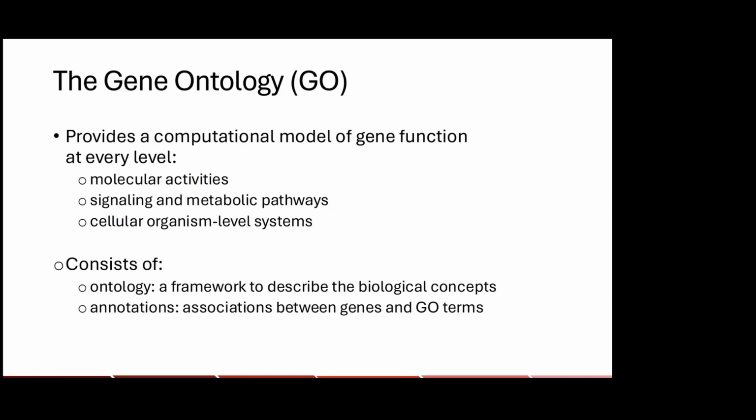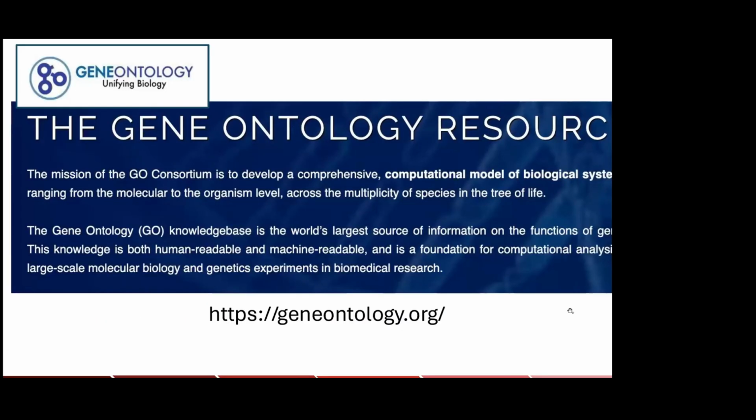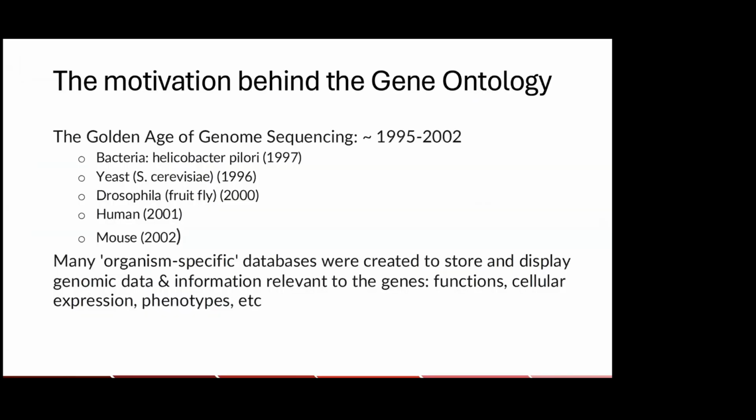Maybe it becomes necessary to think about that under certain contexts, but it's really the annotations that are an association between a gene product and a GO term. So here's the link to the Gene Ontology website. It's easy to find.